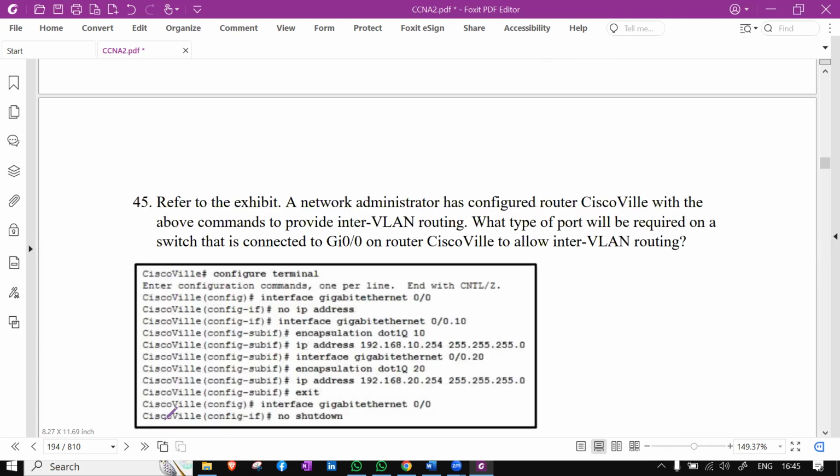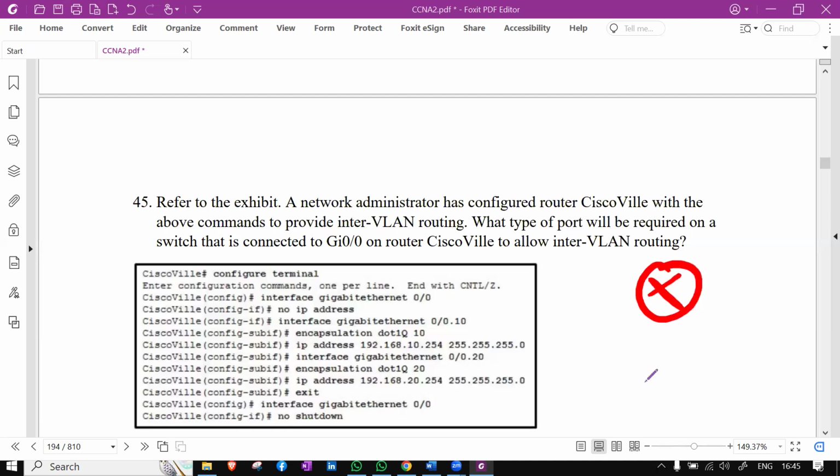Right. Refer to the exhibit. A network admin has configured a Cisco router with the above commands to provide inter-VLAN routing. What type of port will be required on a switch that is connected to the router? Trunking.